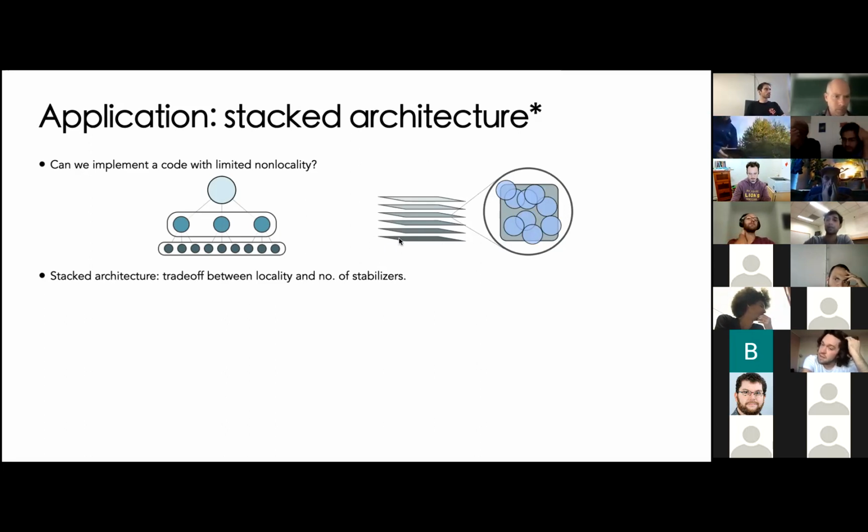The bottommost layer contains stabilizers that are entirely local. And as I move up, the radius of interaction of each of these stabilizers increases, but the number of such stabilizers decreases. Okay, so you have a similar sort of tree-like model where most of the stabilizers are entirely local and in the bottommost layer. But as you go up, there's a trade-off between locality and the number of stabilizers.